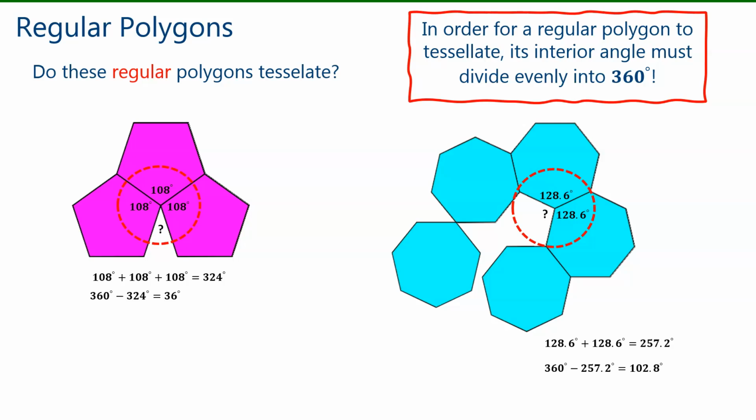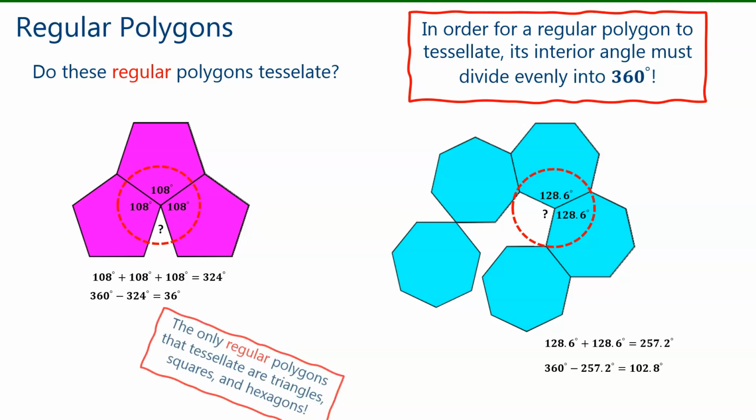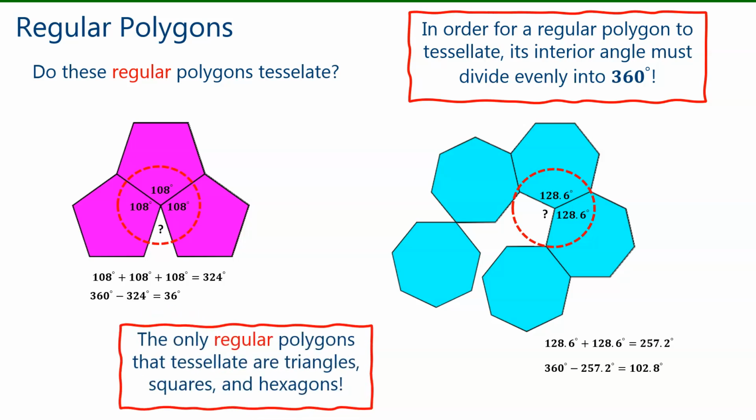However, in the previous slide, we saw that an equilateral triangle, which is 60 degrees, a square, which is 90, and a hexagon, which is 120, they all work because each of those angles will divide into 360 degrees. The only regular polygons that tessellate are triangles, squares, and hexagons. Please proceed to video 3.